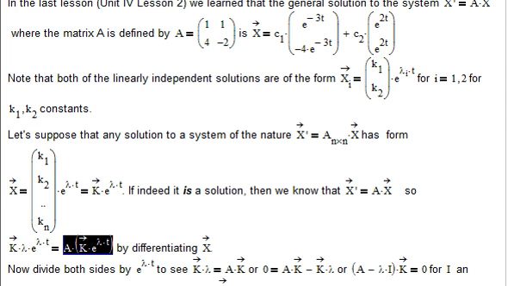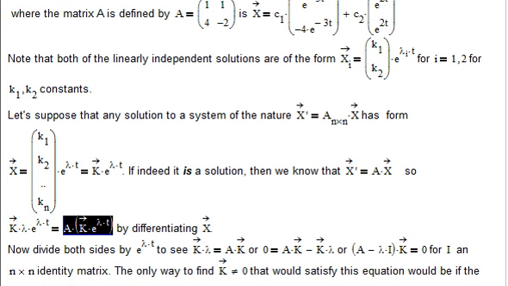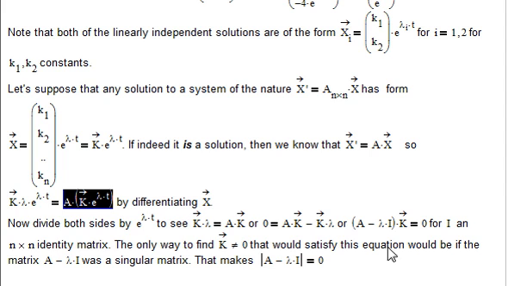Now, what does that lead us to? If we divided both sides by e to the lambda t, that part would all cancel out, and we'd have just k lambda equals A times k. Or maybe we could write that a little differently: 0 equals A times k minus lambda k. So A minus lambda I times vector k equals 0.